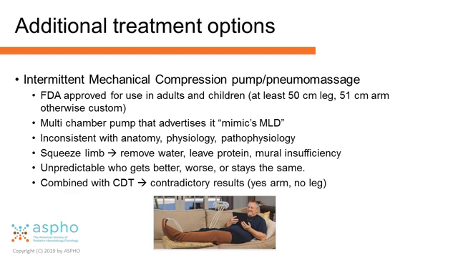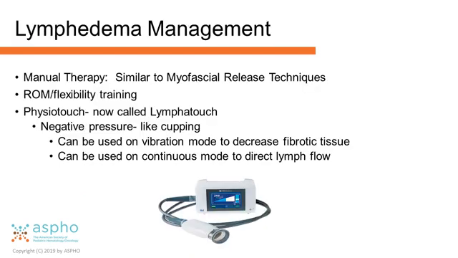Concern is that it could remove water, leave protein, and create neural insufficiency. It's unpredictable by research standards on who gets better, worse, or stays the same. When it's combined with a complete decongestive therapy, there's some contradictory results. More results show better improvement in the arm, but not in the leg, and even that is marginal.